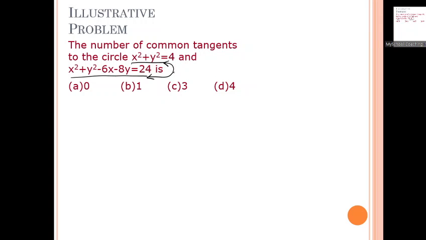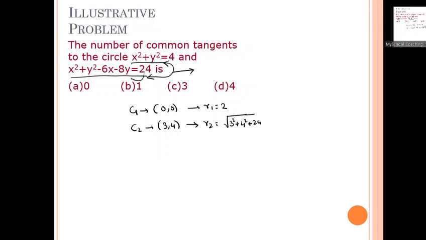Okay, so circle 1, what is the center? 0, 0, and the radius is 2. Circle 2, the center is 3, 4, the radius is how much? Root of 3 square plus 4 square plus 24. देखिए, yes or no? It becomes minus 24, minus of minus 24 is plus 24. So 7.